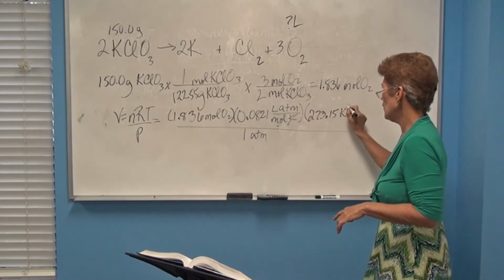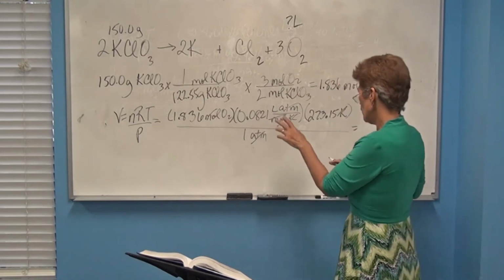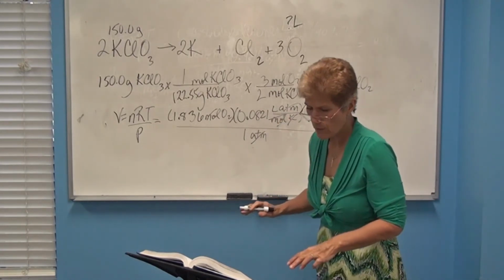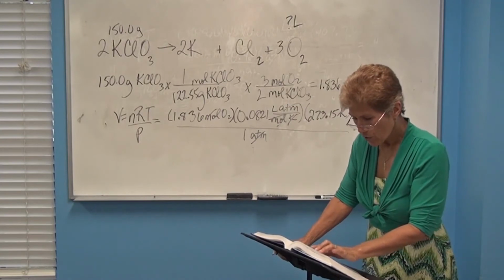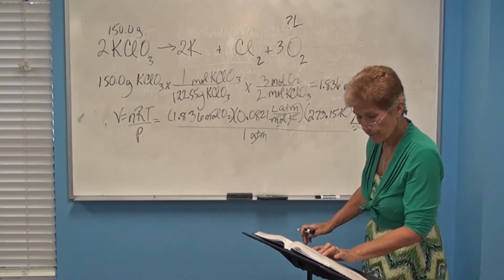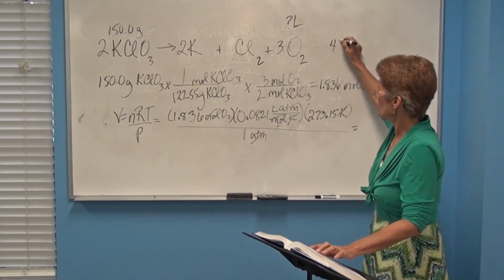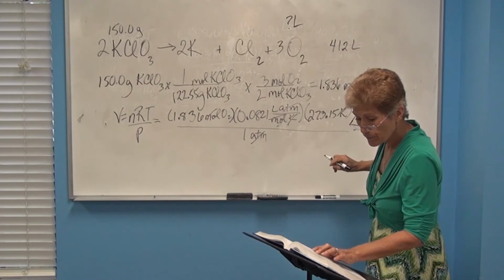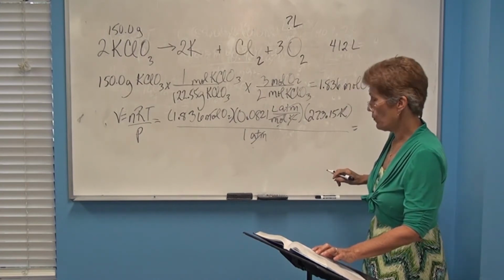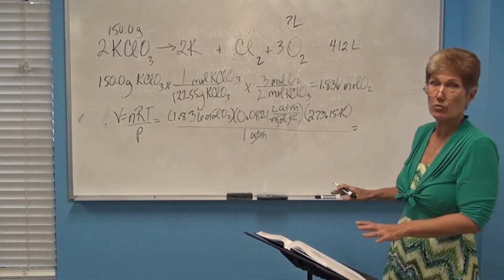So here, Kelvin will cancel, atmospheres will cancel, moles will cancel, and you'll be left with liters. We have 3 significant figures every place. And so our answer should be 41.2 liters after you do all that.